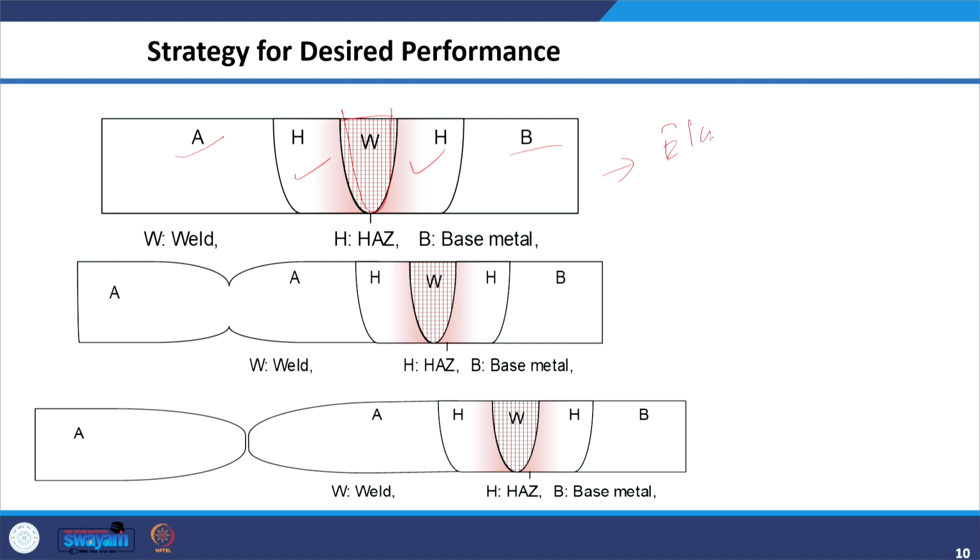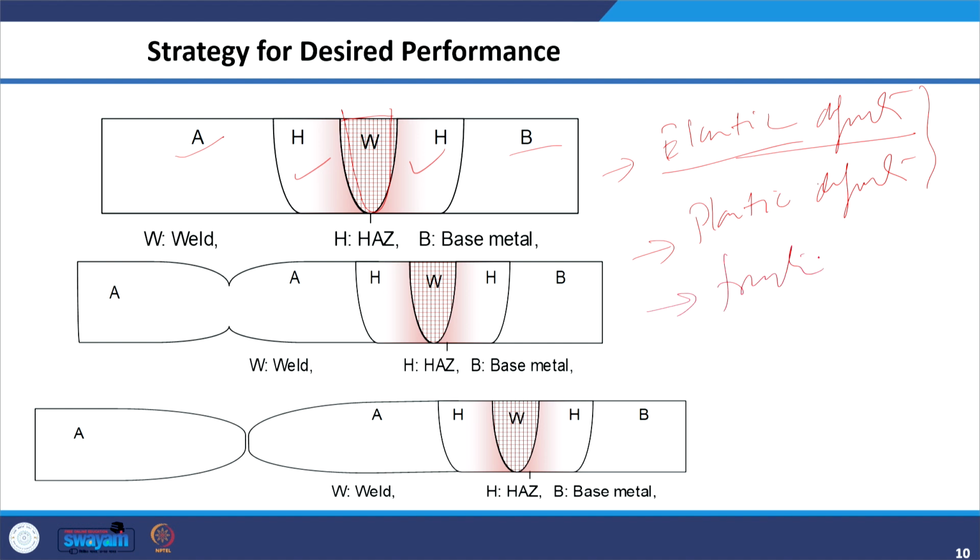One is when the deformation experienced under service conditions is beyond the acceptable elastic deformation, or when the component deforms beyond the acceptable plastic deformation limit, or when it gets separated or fractured.